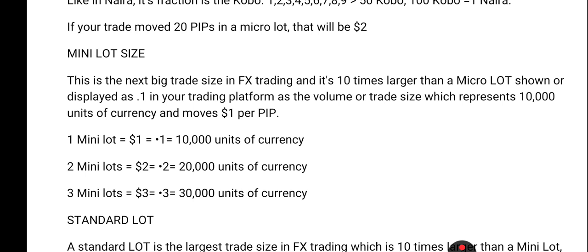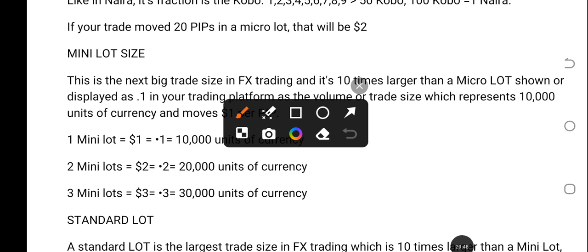All right, so in your trading platform, you need 10,000 units of currency to trade a mini lot, and it is written as 0.1 in your broker's platform.